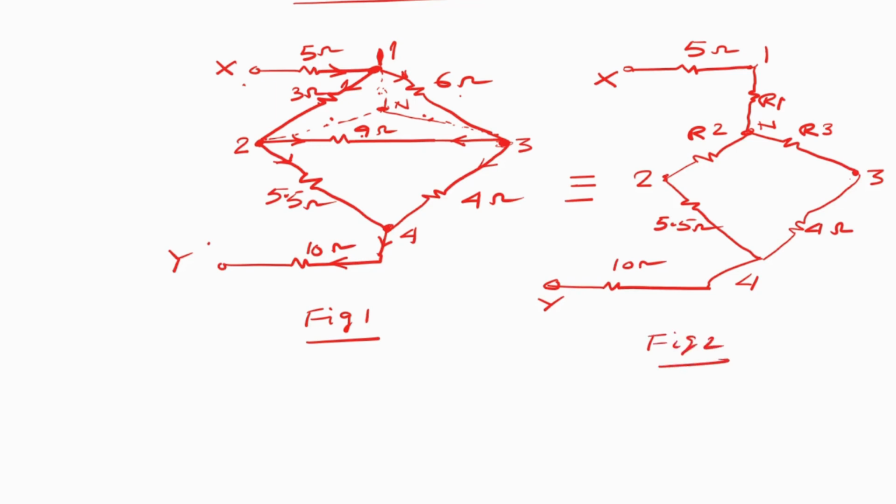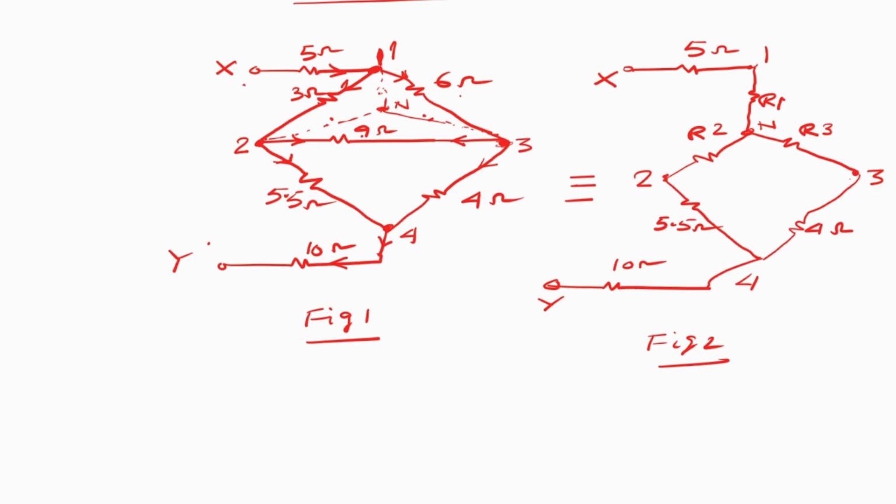So figure number 1 and figure number 2 are identical, so we define them as equivalent. The resistance between X and Y in that case and in this case are both the same, but in the first figure you cannot determine the equivalent resistance.